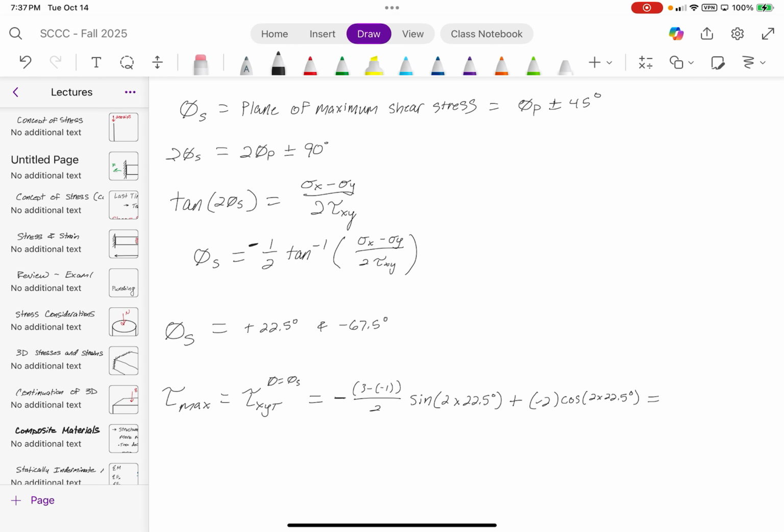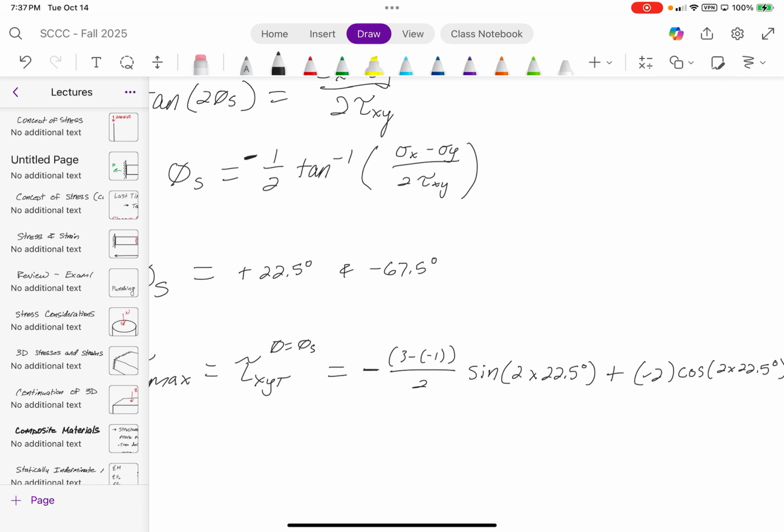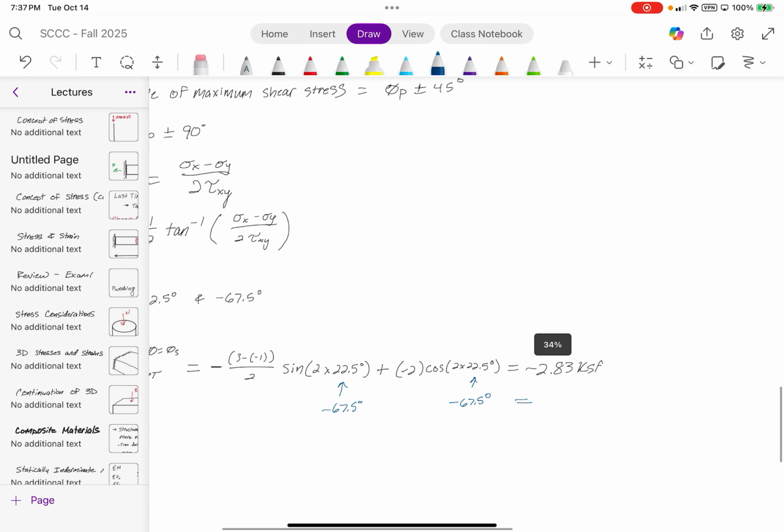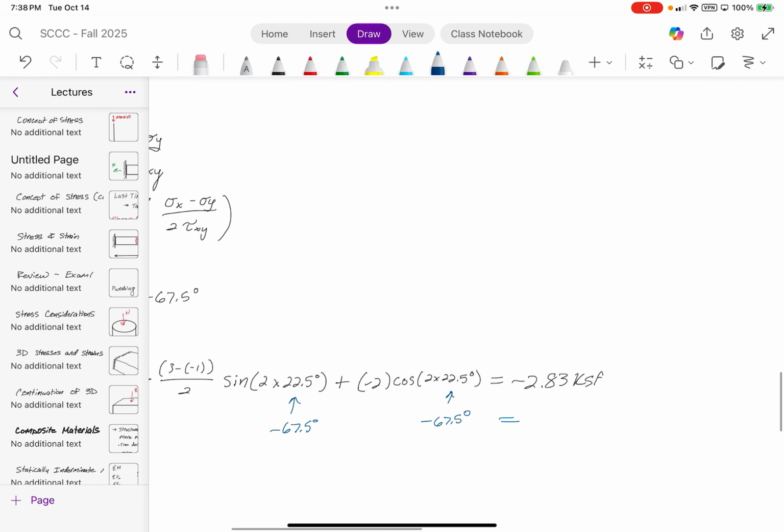What'd you guys get for tau max? Negative 2.83 KSF. Now, if we had set this instead of 22.5 to negative 67.5 degrees, what we would have gotten was positive 2.83 KSF.